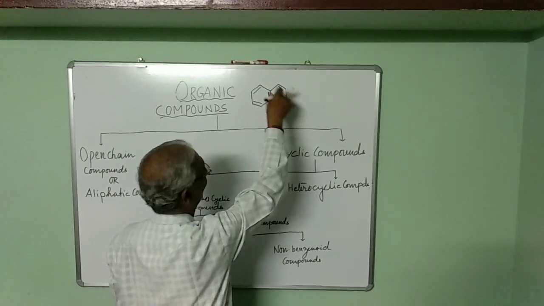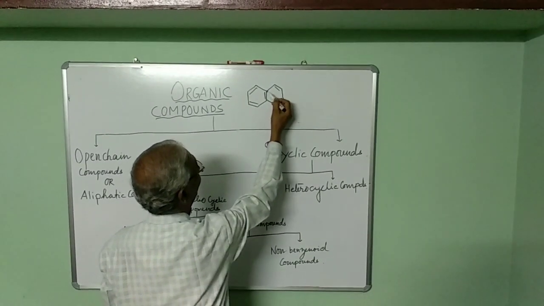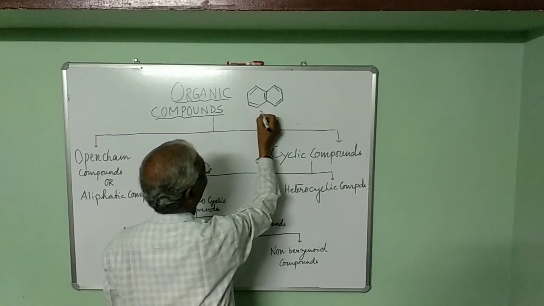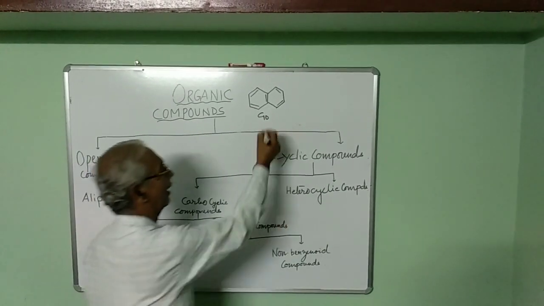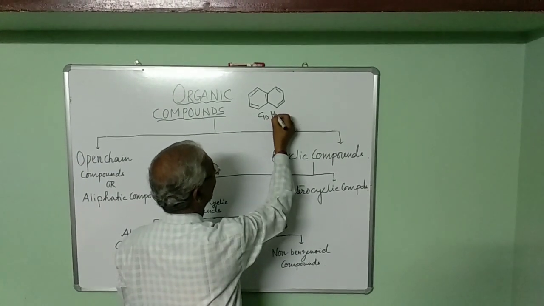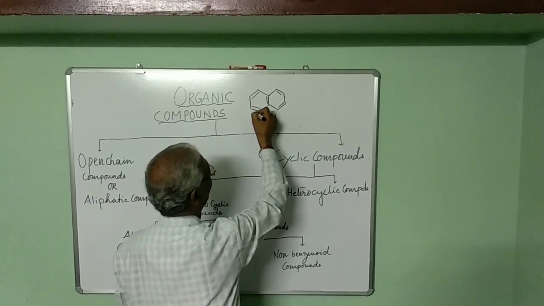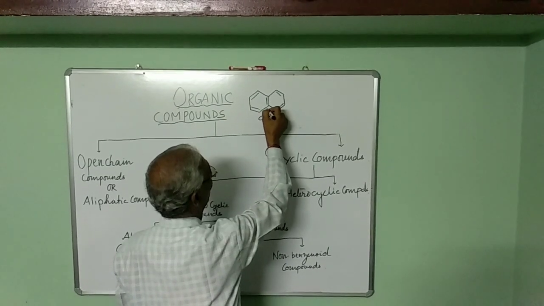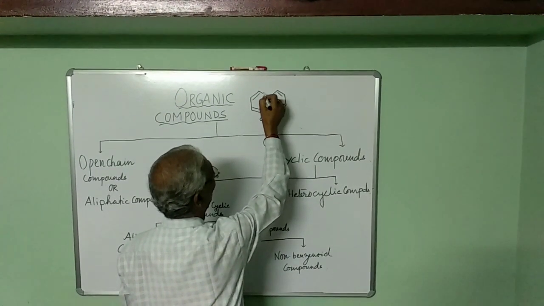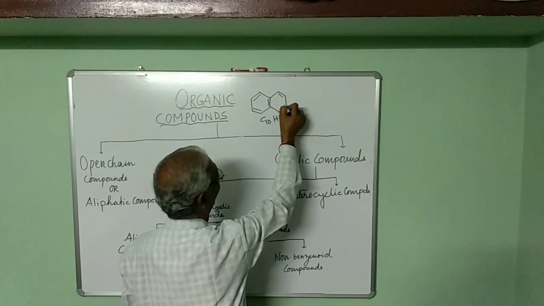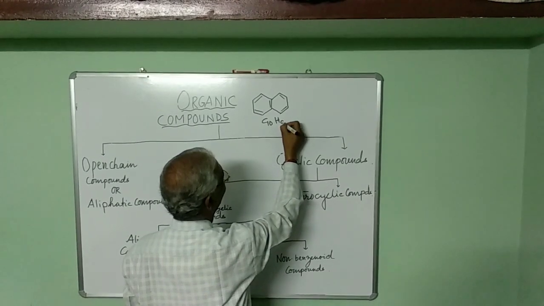You first count the corners: 1, 2, 3, 4, 5, 6, 7, 8, 9, 10. C10. For hydrogen, count at each corner: 1, 2, 3, 4, no hydrogen at the fusion carbons. Here 1, here 1, here 1, here 1. So the total number of hydrogens will be 8.